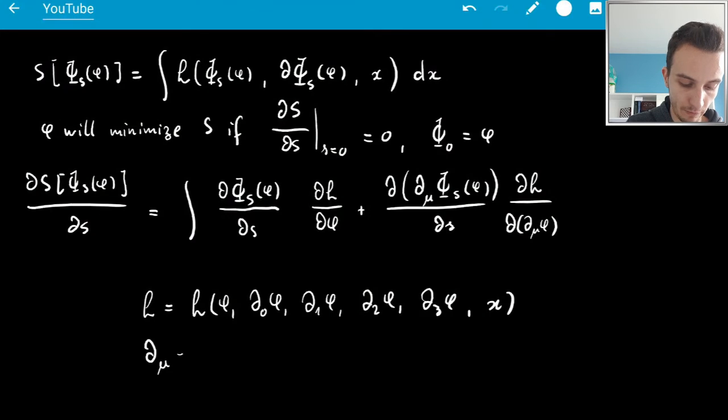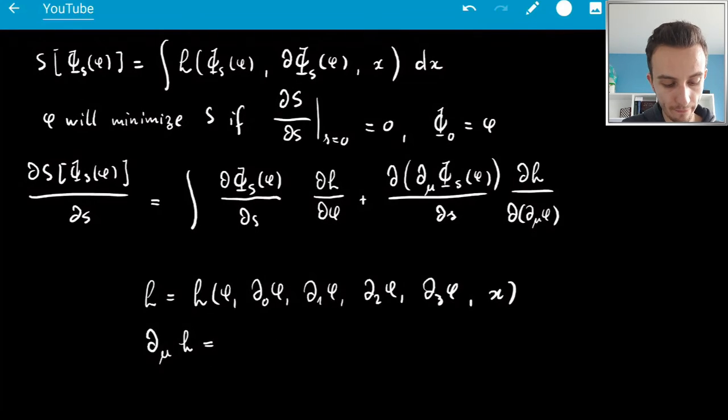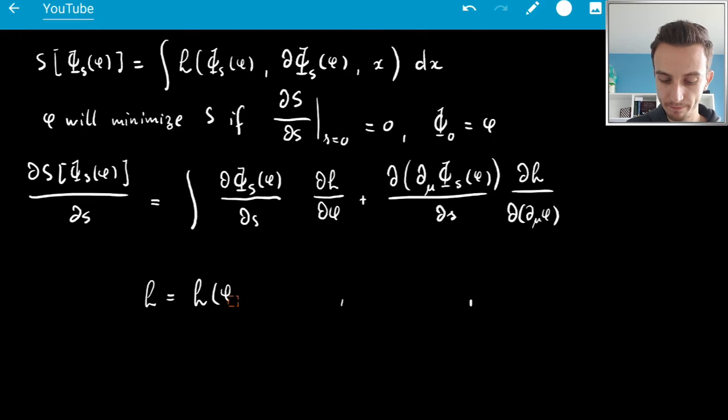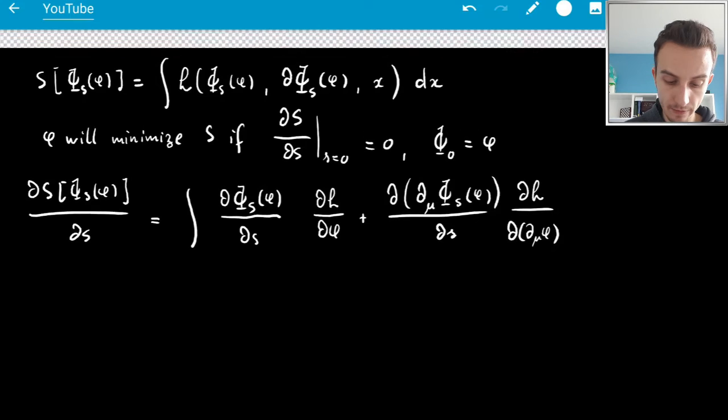So if I write d mu L, it will be a derivative with respect to one of these, right? Depending on what mu is. Is mu 0, is mu 1, is mu 2, is mu 3. So if I just want to sum over all of them, I write like this. Because we do need derivatives of all of them.